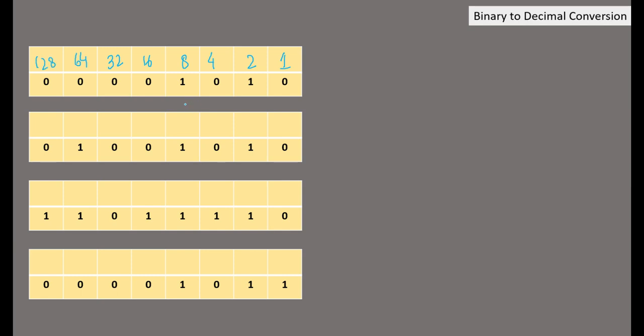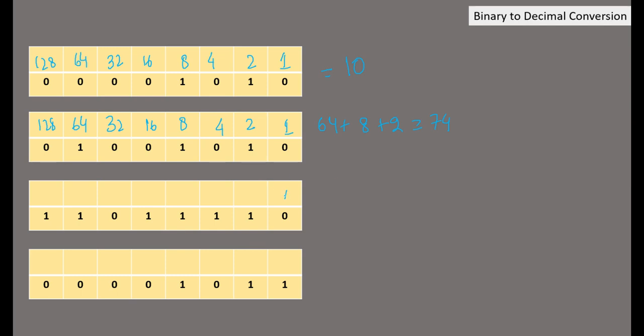And what I will do is just add the bits which are on. So 8 plus 2, this is 10, right? Now I'll do the same here. So 64 plus 8 plus 2 is equal to 74.